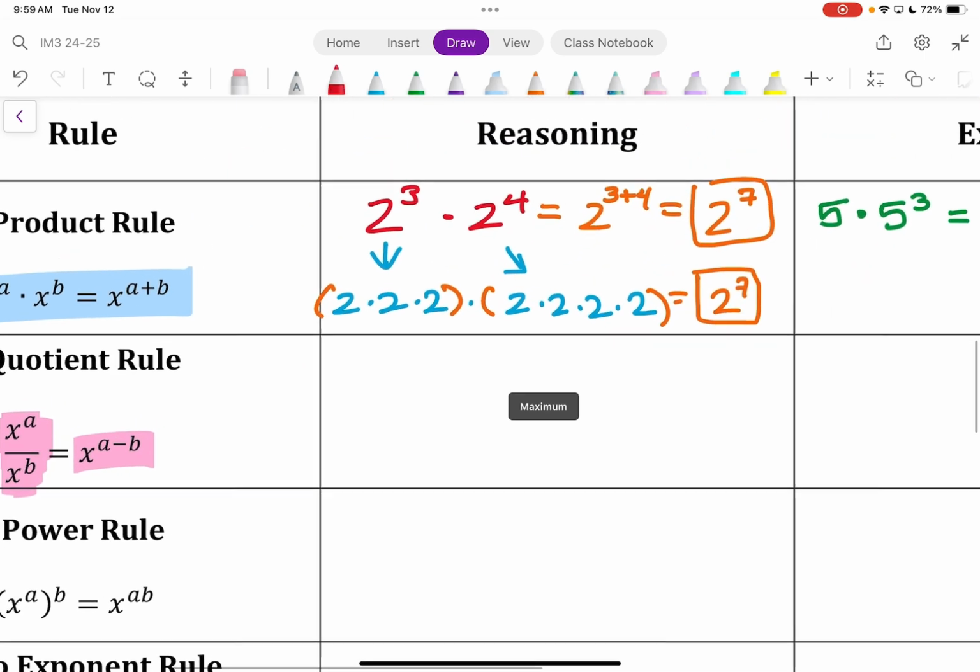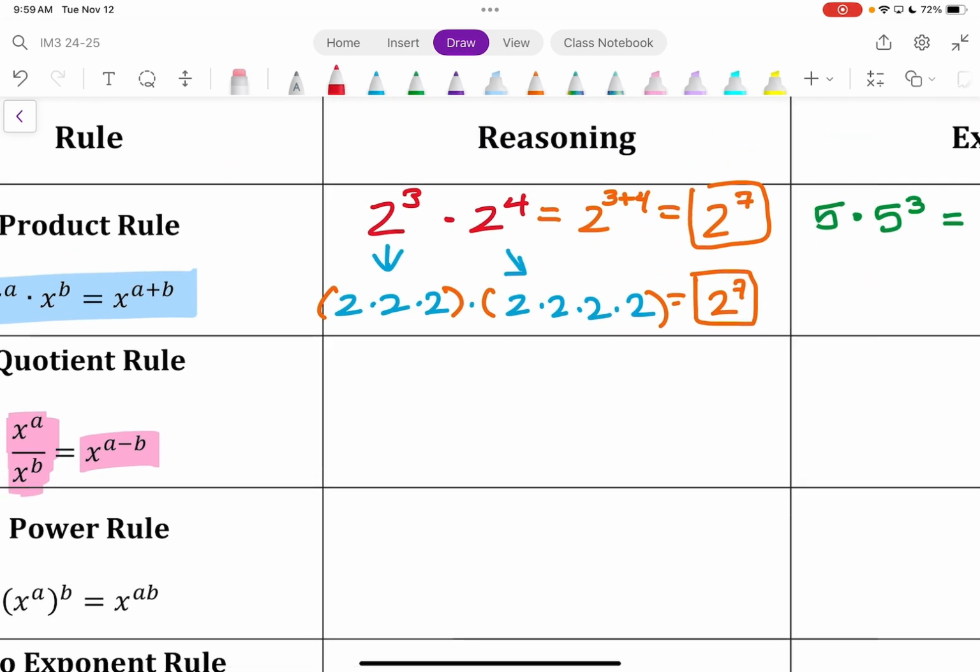Now, how does this work? Let's look at some of the reasoning behind this, where I expand this to show you how it works. So let's say I wanted to find 5 to the 4th divided by 5 to the 2nd power. If I were to expand this, I would have 5 times 5, 4 times in the top, over 5 times 5 in the bottom.